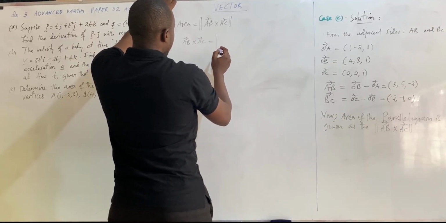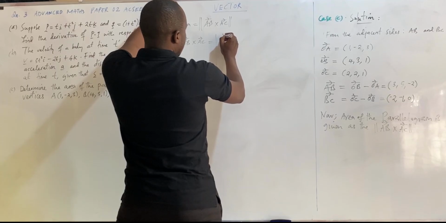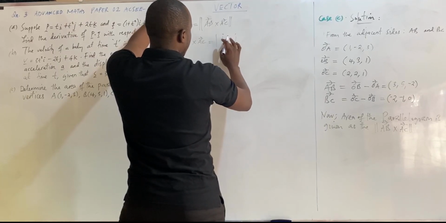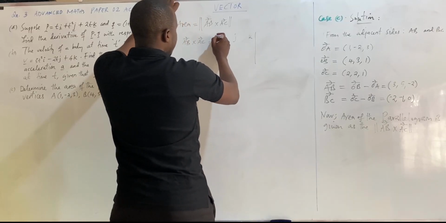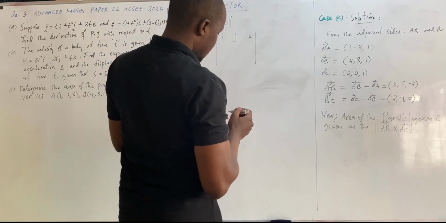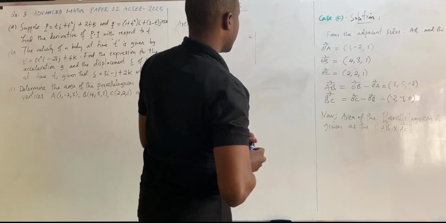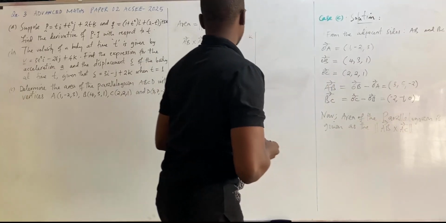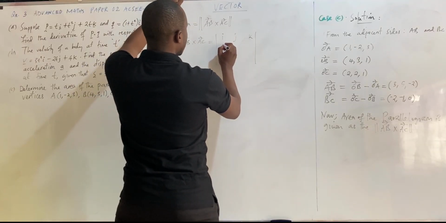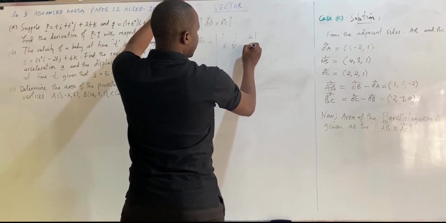Here we apply the concept of determinant. Now we just put I, J, and K. These are the dimensions of our vector. Then AB, we have 3, 5, and -2. So we just write here 3, 5, -2.